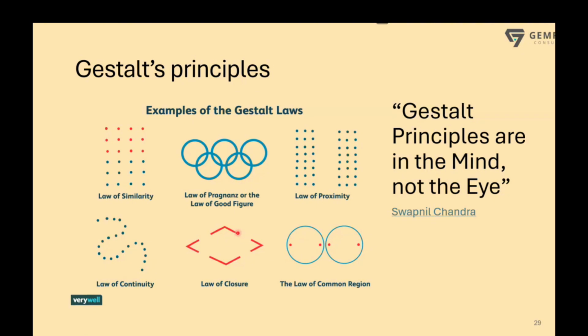And here, when I see these 4 arrows, I don't see these 4 arrows. I see a closed diamond in my mind, because like what Swapnil says, the principles are in the mind, not in the eyes. All right, the last one is the common region. If you notice over here, you have these 2 dots that are similar. You would think that they are together because of the law of proximity.